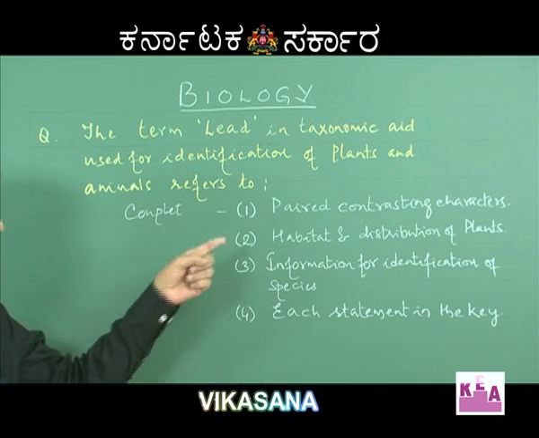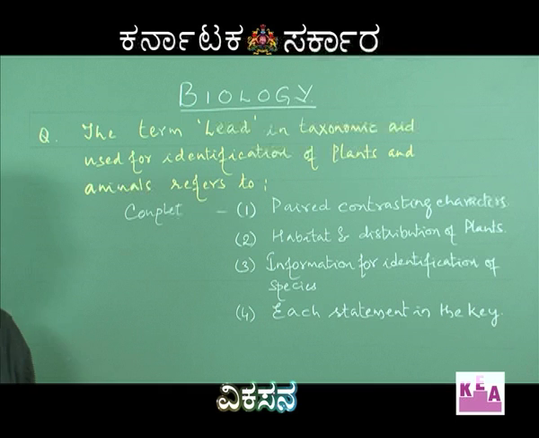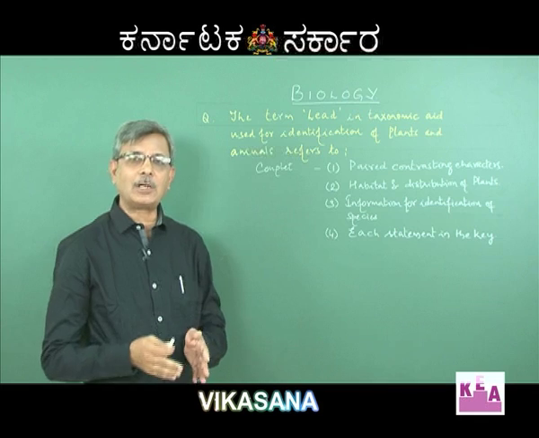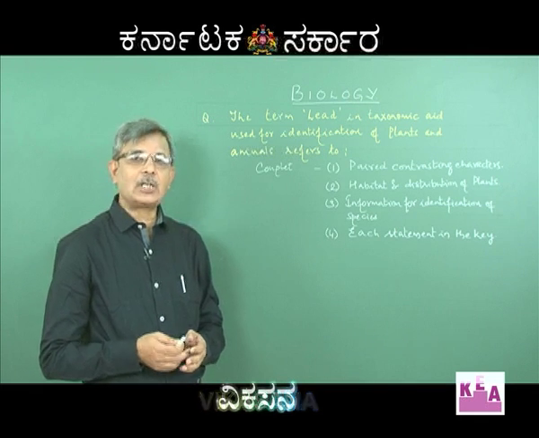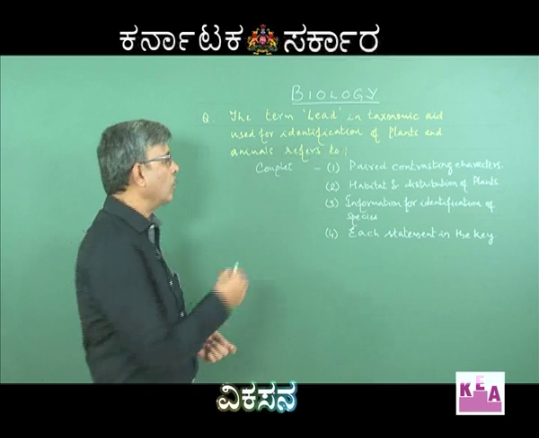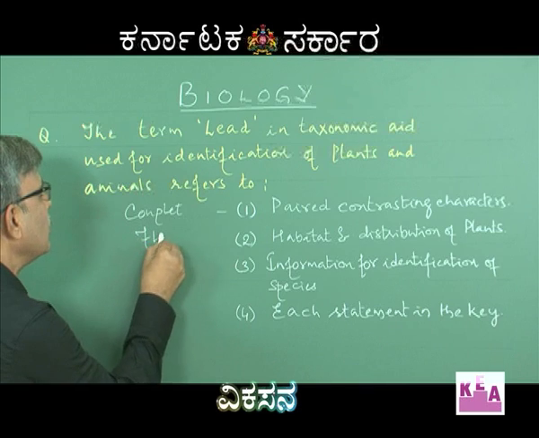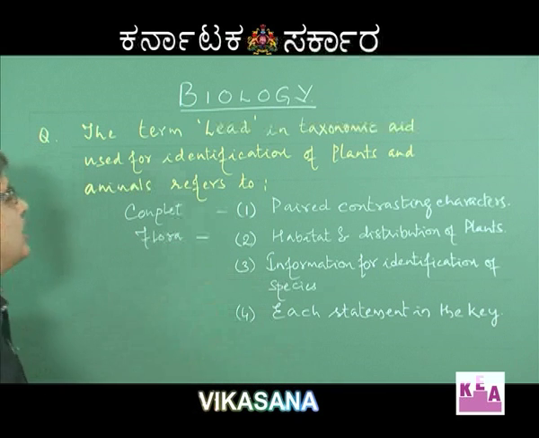Let us come to statement 2, habitat and distribution of plants. Whenever we talk about plants and animals, the habitat is the place where they are going to be found, and in case of plants we use the word flora, for animals we use the word fauna. So, statement 2 relates to flora.